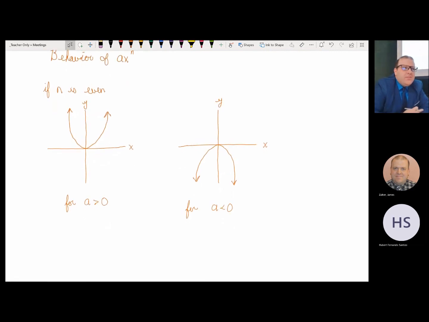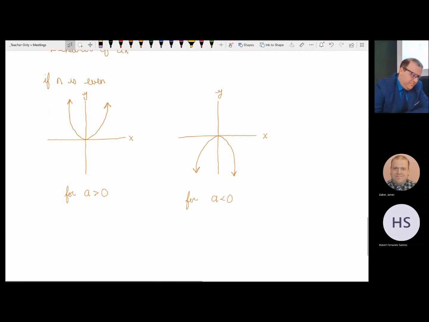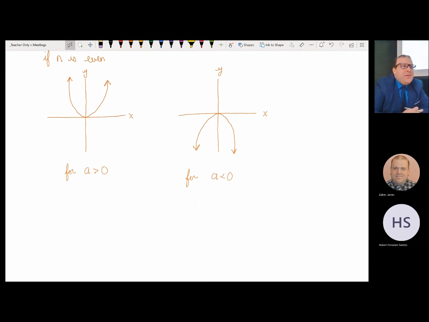Now look what happens for a being positive. On the left-hand side, the left end behavior, doesn't the function just keep increasing without bound? And same thing on the right.